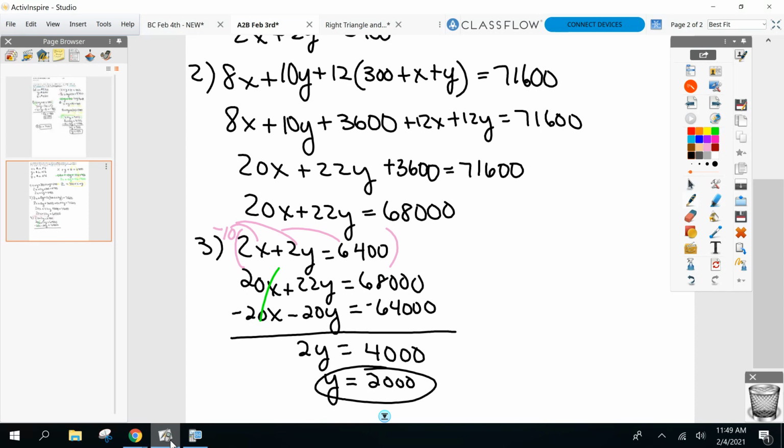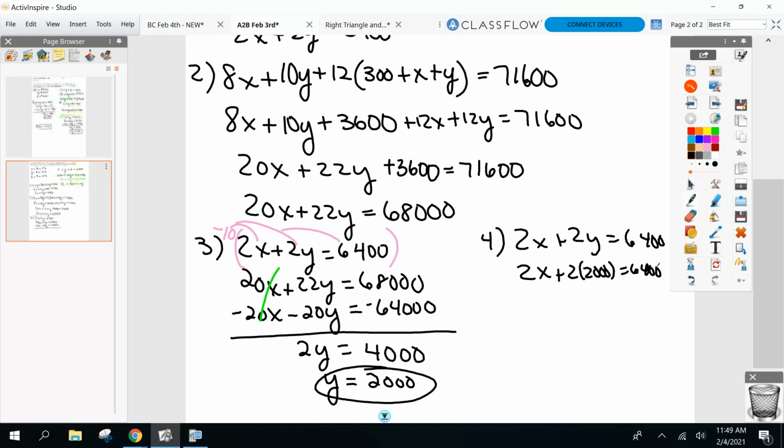You could get x. Yeah, how? Plug it in the 2x plus 2y equals 6,400. I like it. Colin's like, hey, you have this equation already. 2x plus 2y equals 6,400. Plug in y now. Plug in 2,000 for y and solve for x. I like it, boss. 2x plus 2 times 2,000. He used an equation we already had.